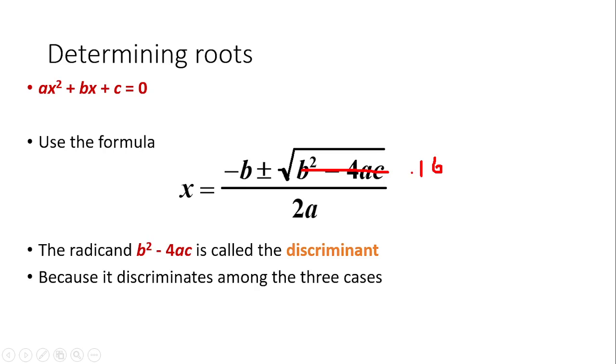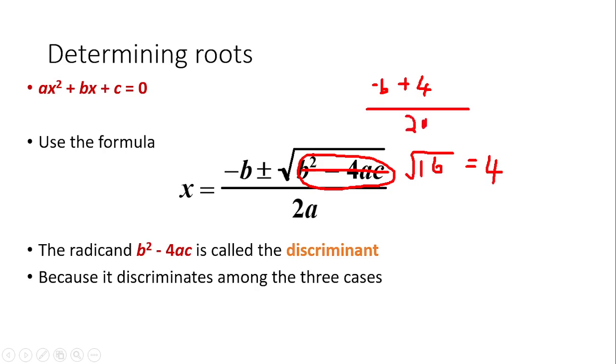Assume that the square root of 16 is 4, very well. I'm just talking about this term, b squared minus 4ac. If it is 16, then you have the square root of 16, which is nothing but 4. So what you get here is minus b plus 4 divided by 2a. This is one possibility.